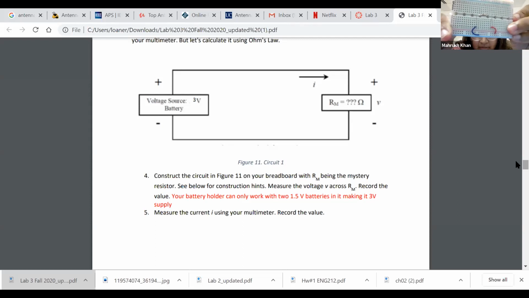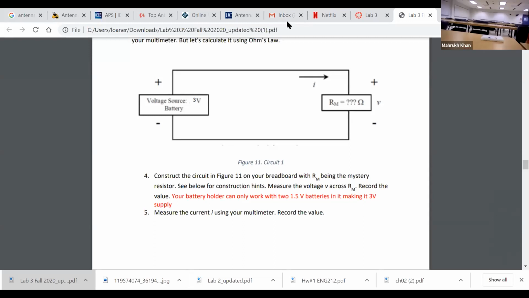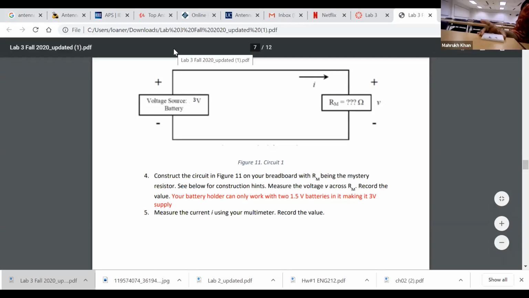Okay. So you can just do that with your resistor. Now, if I just show you by switching my camera, okay. So this is the thing I have. Now I will connect the battery, okay? This one.